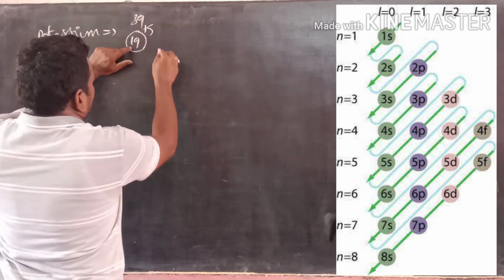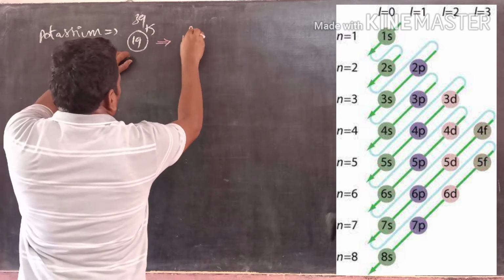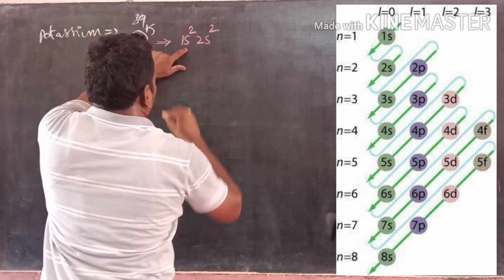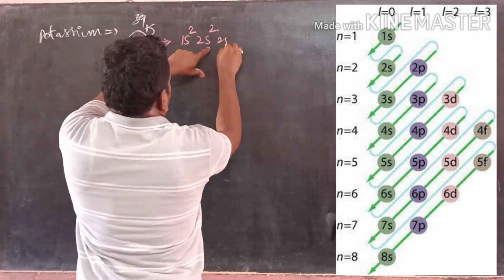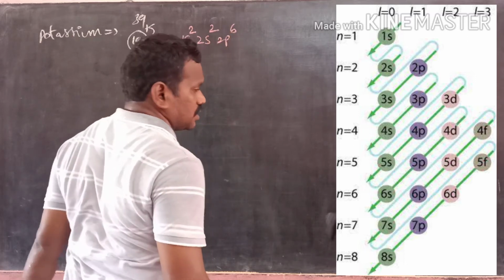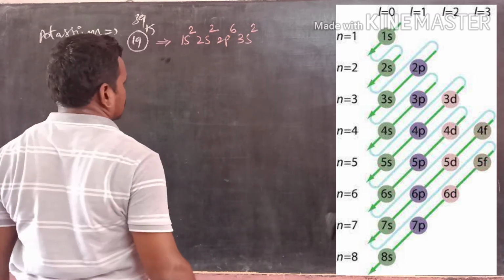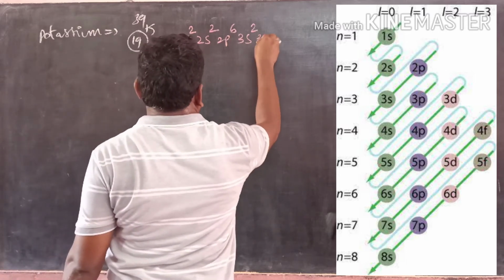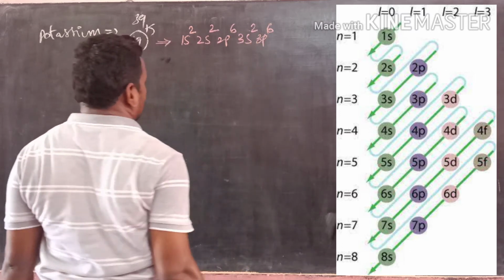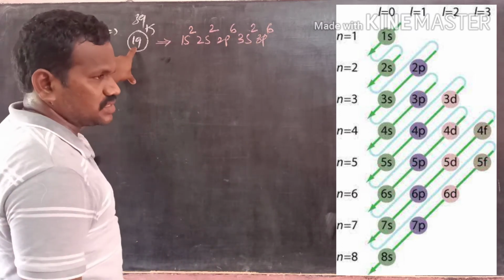So these 19 electrons, as per the rule, the first 2 electrons are accommodated in 1s, next 2 electrons are accommodated in 2s, next 6 electrons are there in 2p. Total number of electrons is 10. The next 2 electrons are there in 3s. The next 6 electrons are there in 3p. Till now, the total number of electrons is 18. With us, 1 electron is left.